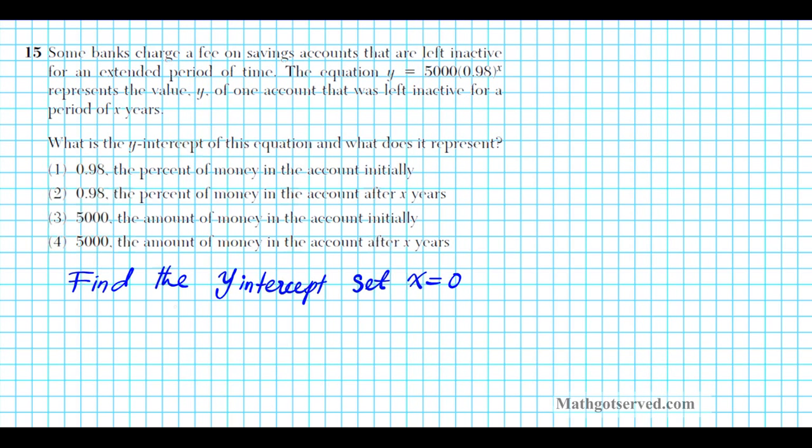So the y-intercept is simply y evaluated when x is 0. How do you evaluate y when x is 0 here? Simply replace your x with 0 in the function. Bam, like that.